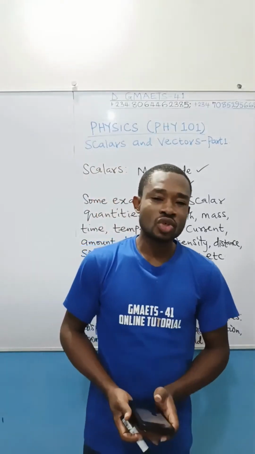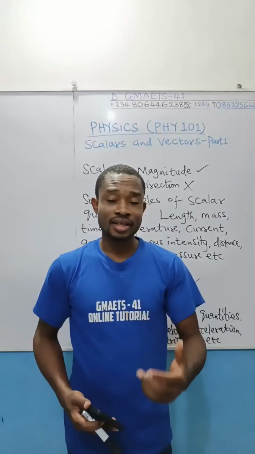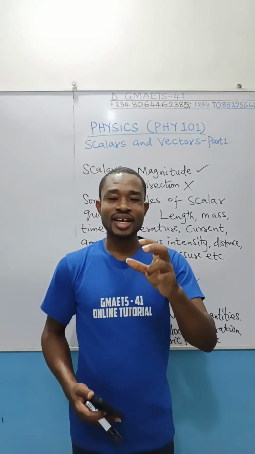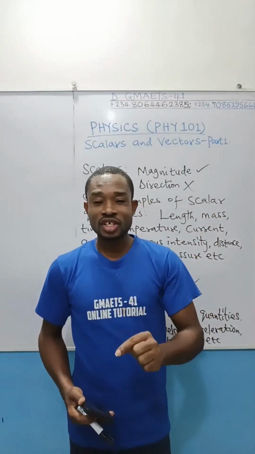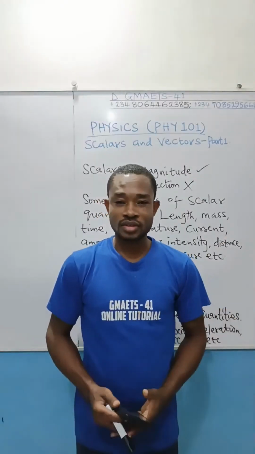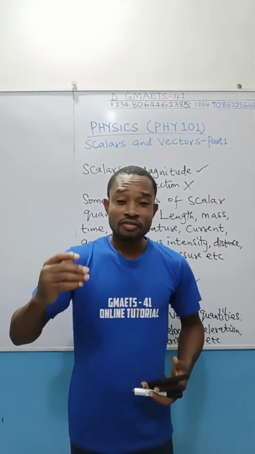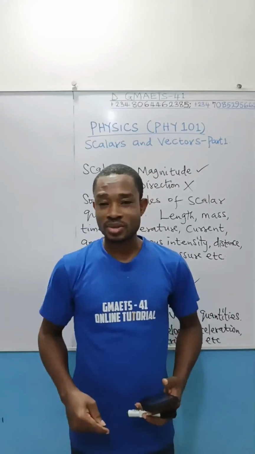Now, before we move on to talk about dimensions of vector quantities, I would like us to give attention to certain rules that can guide us to know quantities that are vectors, especially if we know the formula of that quantity. So I want to expose a secret to you now, using some formula to determine quantities that are vectors.